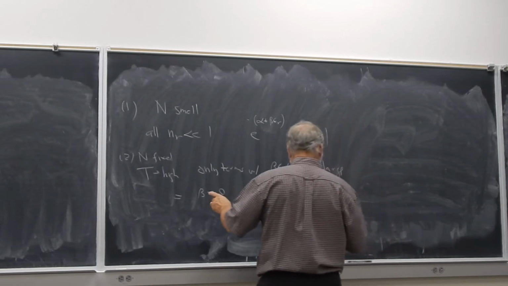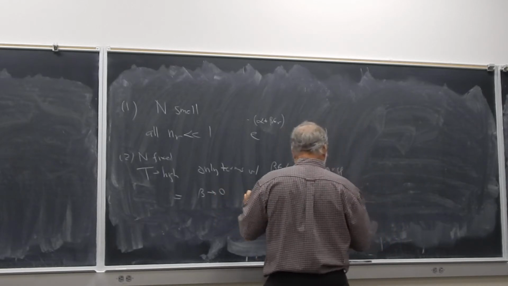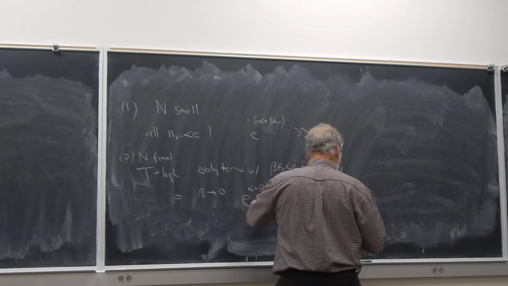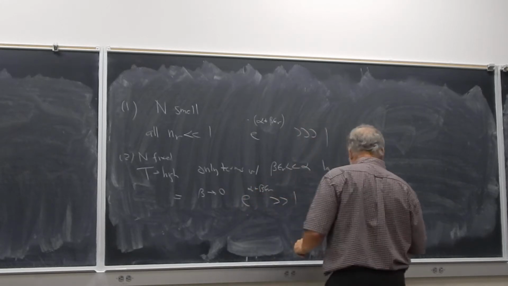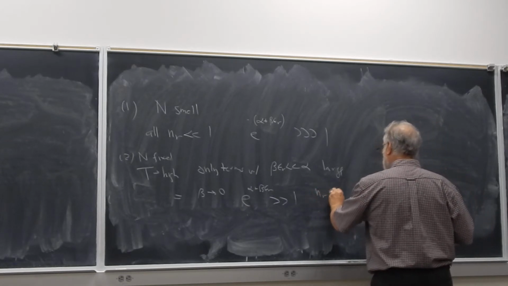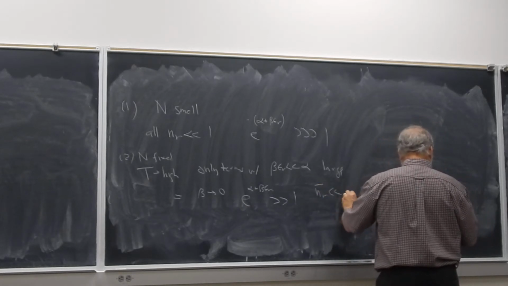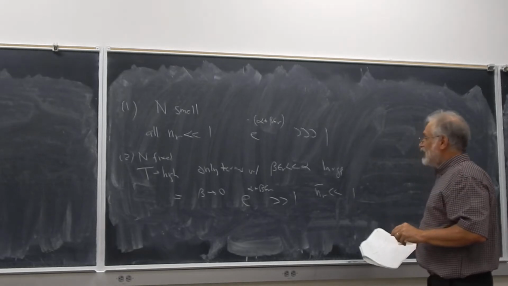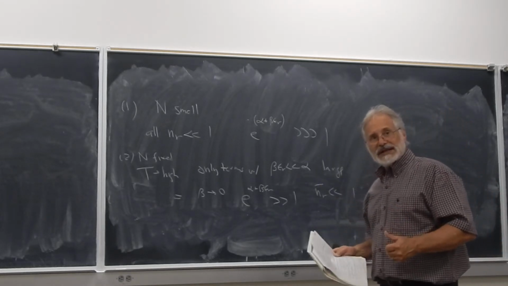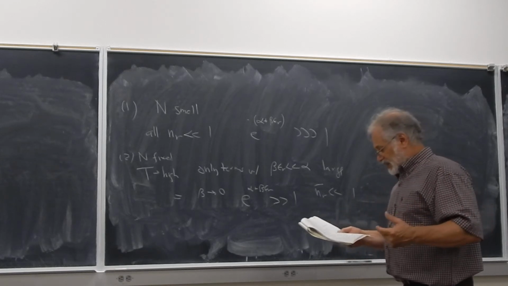So at high temperature, or small n, we expect e to the alpha plus beta e sub r to be much, much greater than 1. And therefore, n sub r will be much, much less than 1 for all r. These are what we call the classical limits: high temperatures, low concentrations.